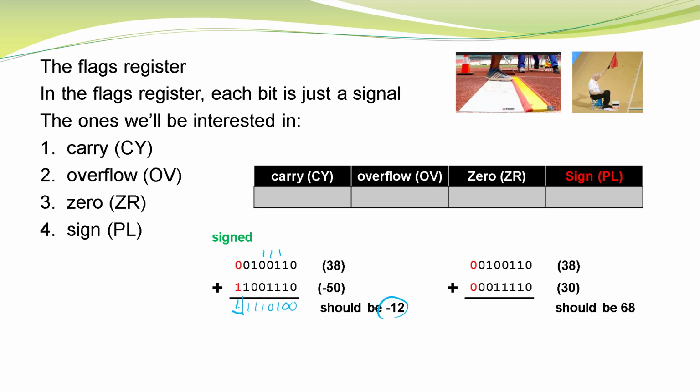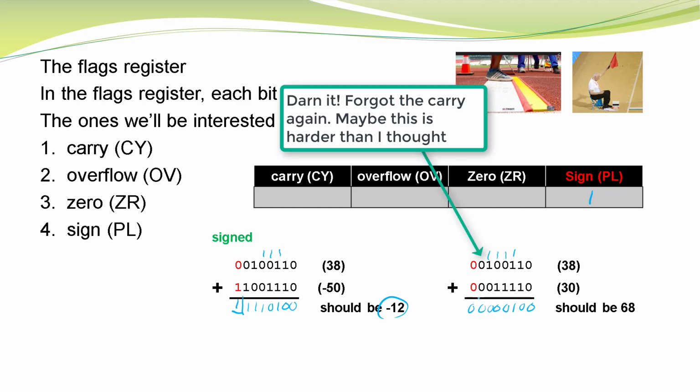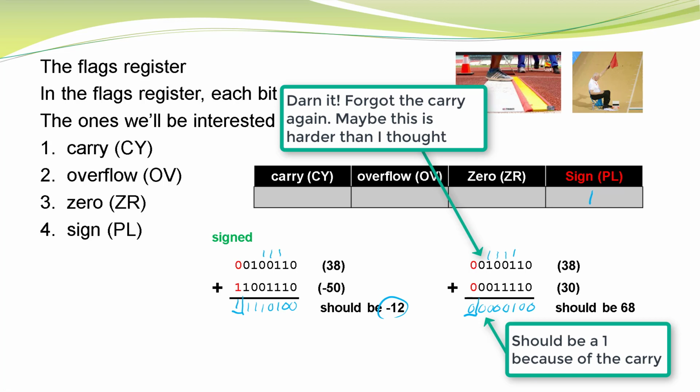But look what happened to our sign. Whatever our sign ends up being out here, that's what goes in this flag. So since our result was negative, the sign flag gets set to 1. Contrast that with over here. We're adding two positive numbers together. Our sign stays positive, and so this sign bit would get set to 0.